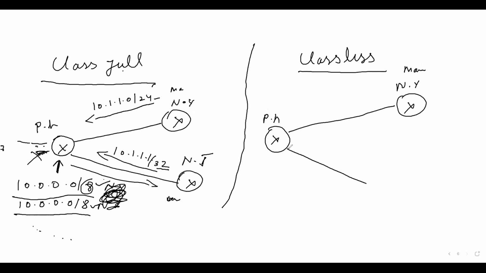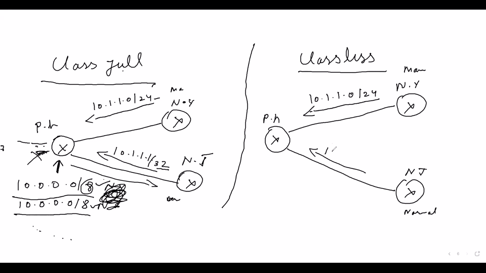And this is New Jersey, where my normal users are, like my employees or other users. Here I am getting the route 10.1.1.0/24, and from here I am getting the route 10.1.1.1/32.